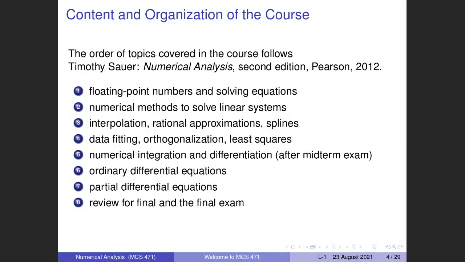All right, so we have the catalog description. What is now the actual content of the course? In this course, we follow quite closely the first 8 chapters of the textbook of Timothy Sauer on numerical analysis. The second edition is mentioned, earlier or later editions are just fine as well. The textbook is not required, but strongly recommended.